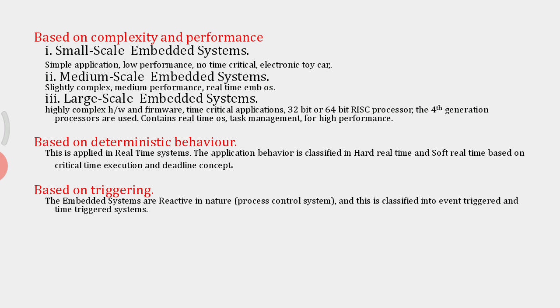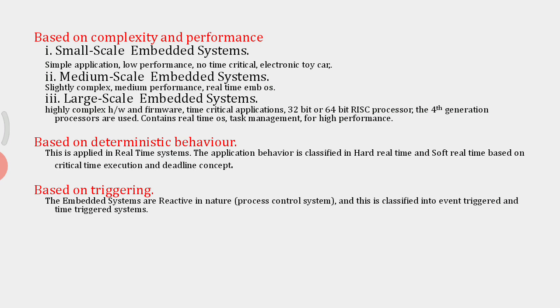Based upon this execution behavior, real-time embedded systems are classified into hard real-time and soft real-time, that is, based upon critical time execution and deadline concepts. For example, a hard real-time system has a deadline concept and critical time execution, whereas in a soft real-time system, if the critical time or deadline is missed by the execution program, there is no harm to the system.